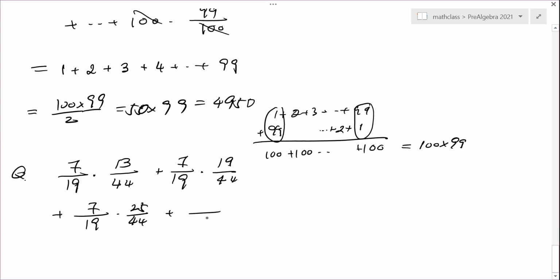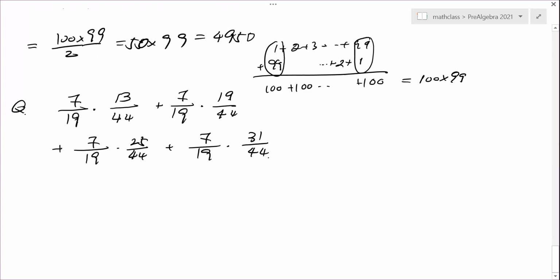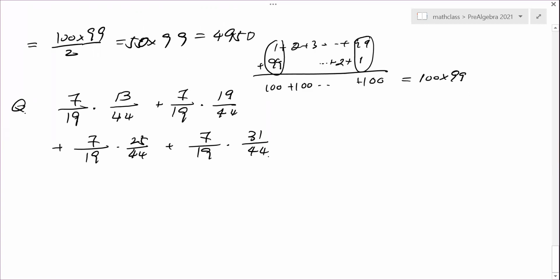Total is 7 over 19 times 31 over 44. So you have 4 terms here, and you look at all the terms. I hope you can figure out the best way to solve this problem. Please go ahead, and if you get answers, let me know. Express as a single fraction.